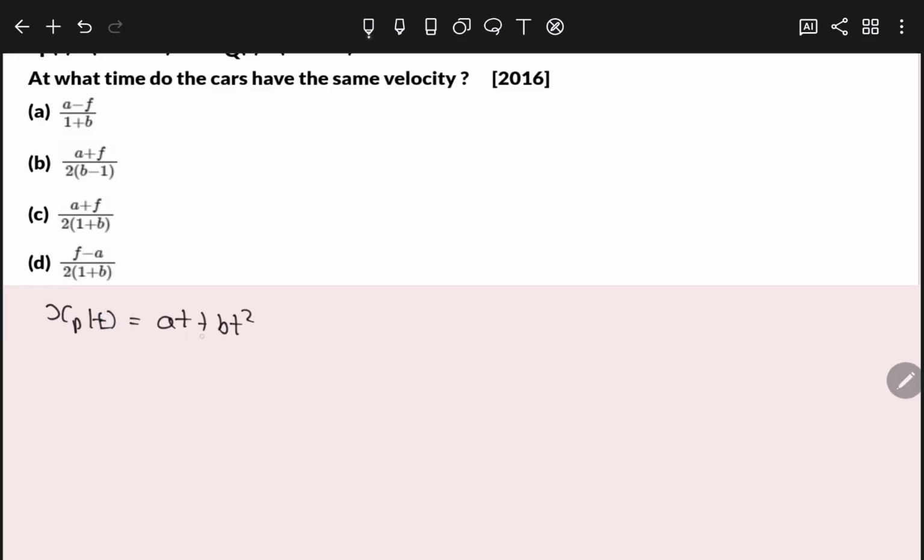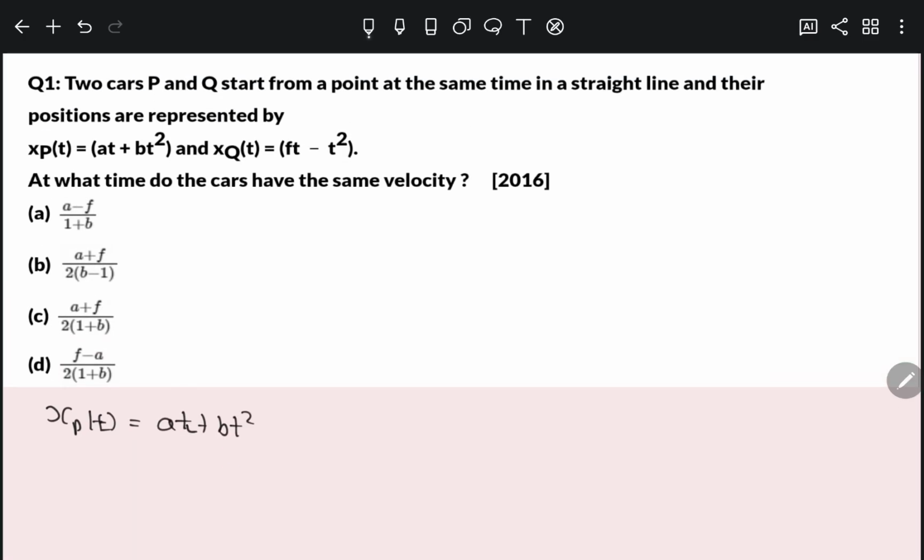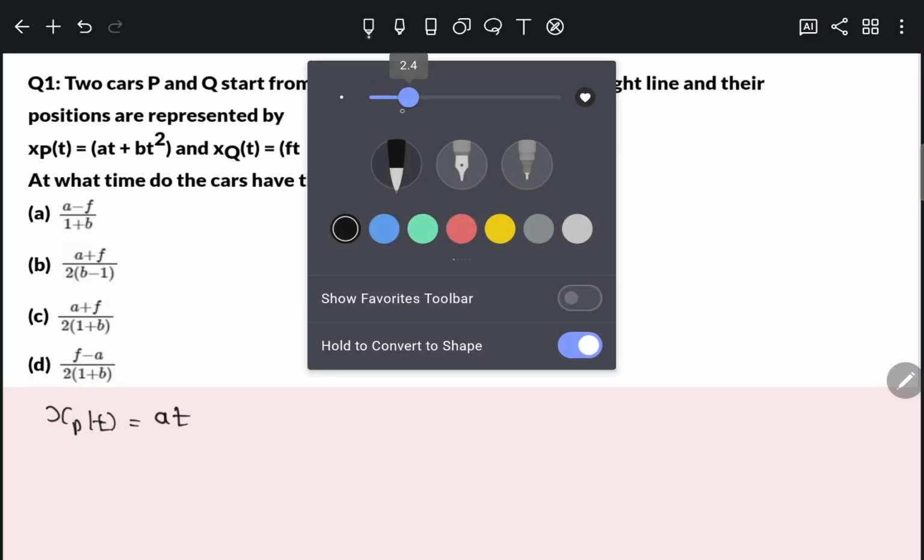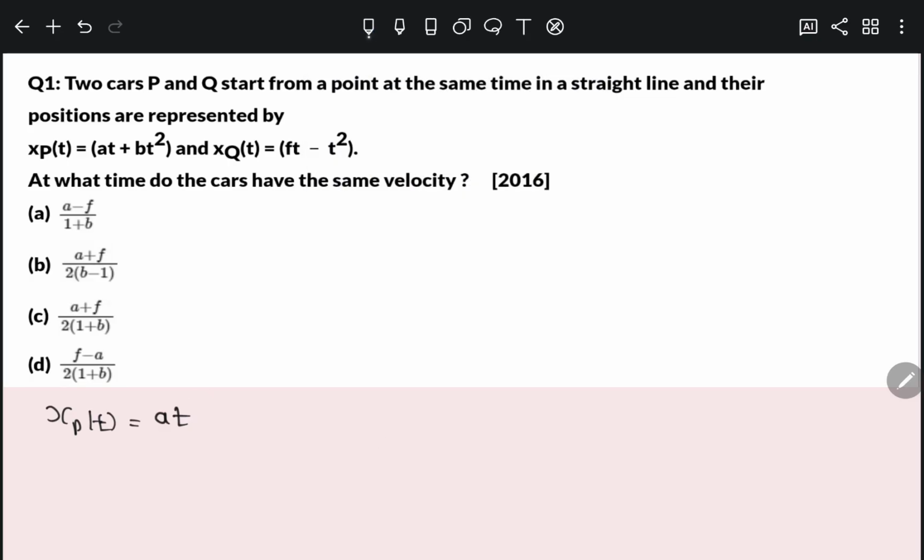So this is xp(t) is equal to at plus bt square.